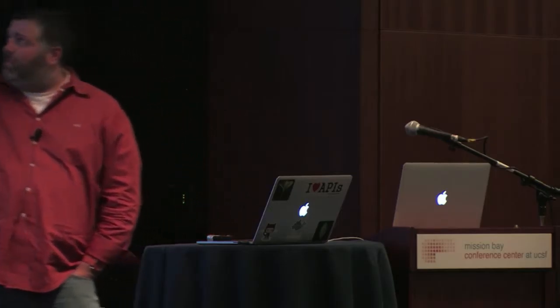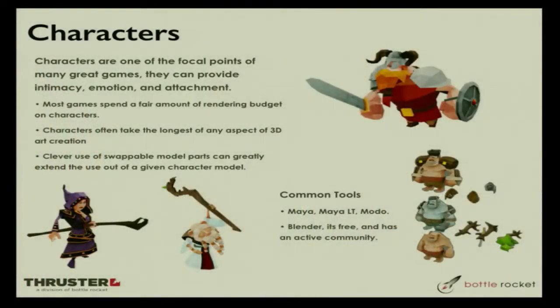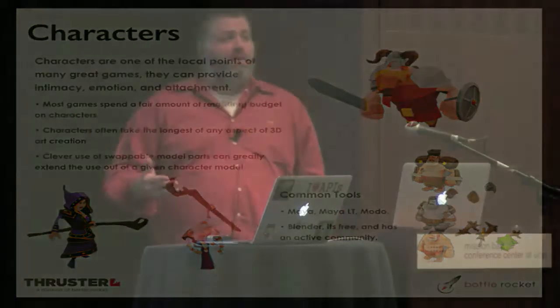One thing we learned and that we do a lot, depending on the complexity of your game, is to try to be clever and use swappable parts of models. A guy with a sword and a shield and armor, you could make different parts of models that can come off and on. You can take the same giant guy and change out his texture and put different parts on him, and that helps him look different to the user. So you can get a greater amount of content out of your 3D.